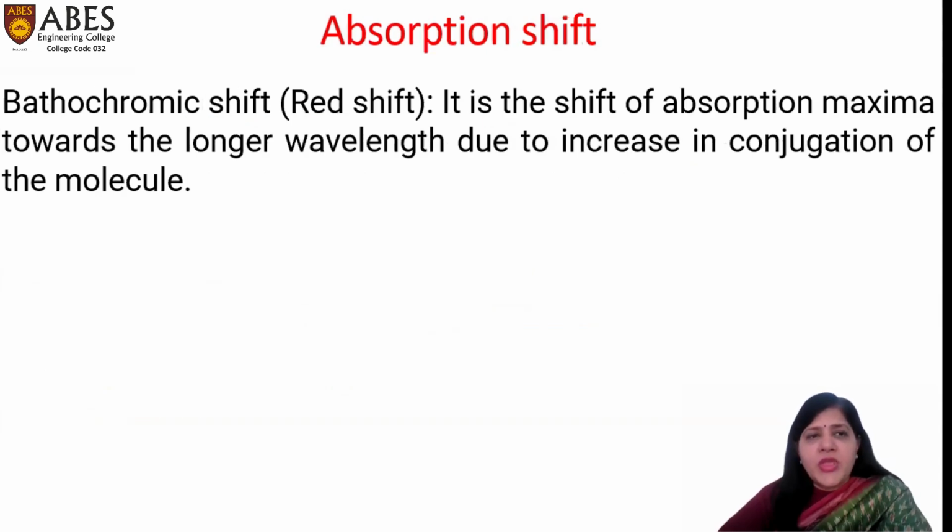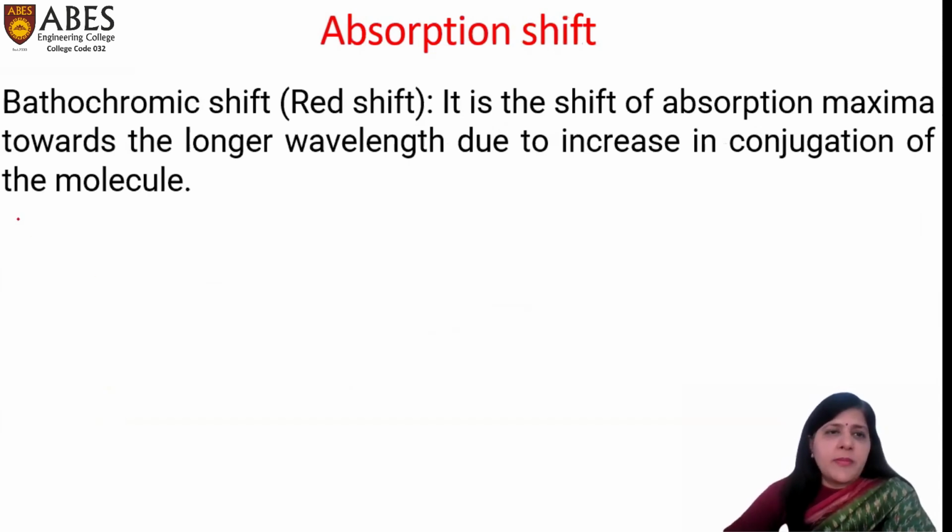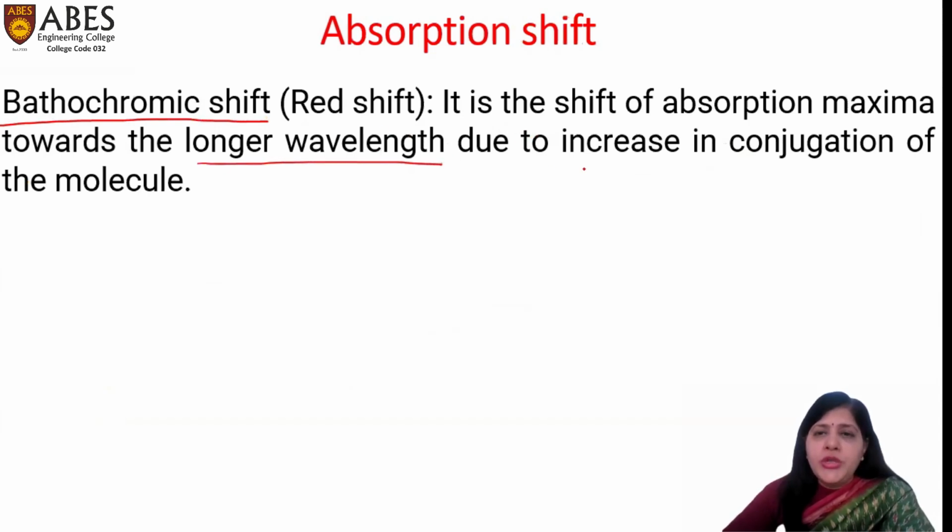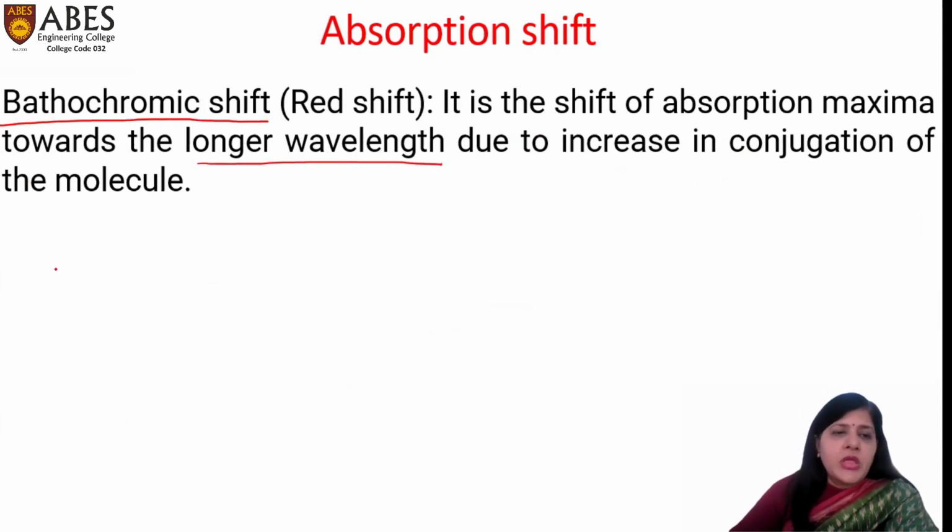Absorption shift. We have two types of absorption shift. First is redshift, which we also call bathochromic shift. Redshift or bathochromic shift means a shift of absorption maxima towards the longer wavelength of a spectrum due to increase in conjugation of the molecule. So what happens in the redshift?